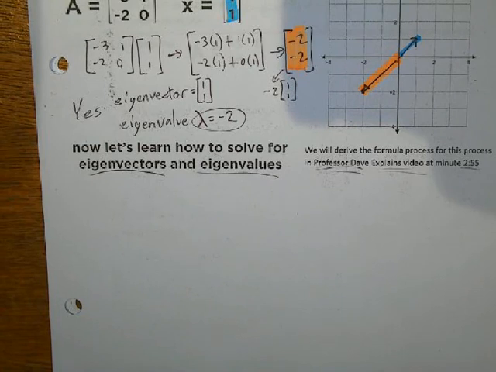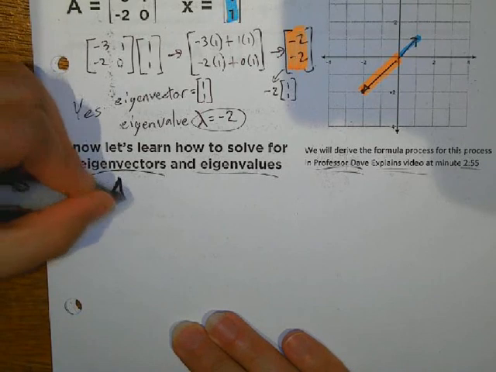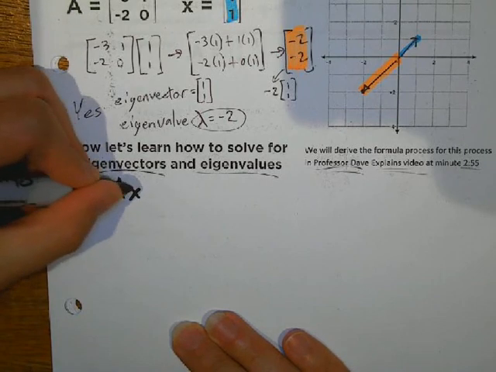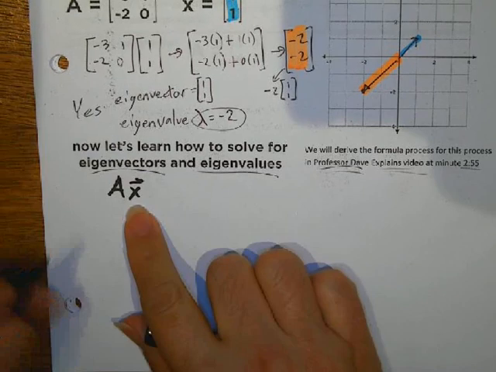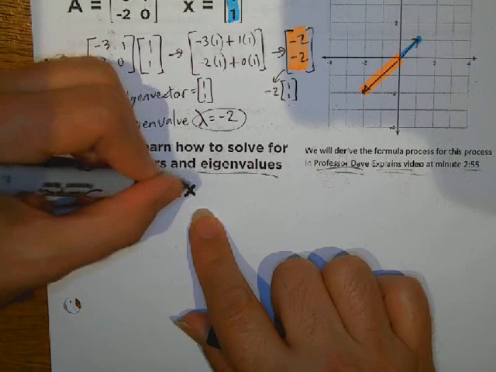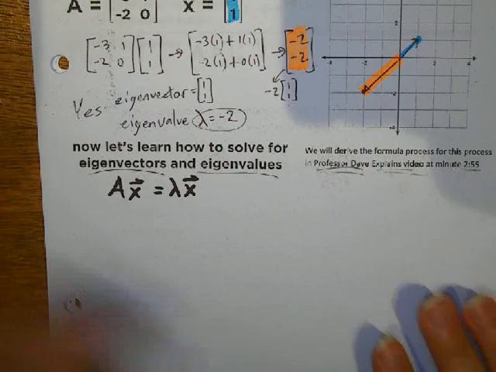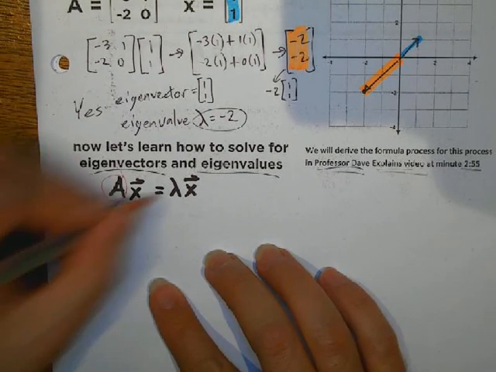So, here we go. We're going to start off with our matrix times our vector equals our eigenvalue times our eigenvector. Now, before we even get started, this is a matrix and this is a scalar.